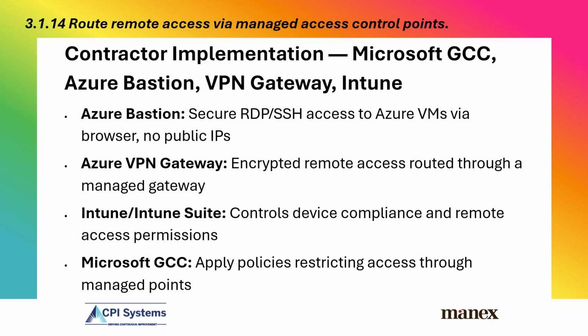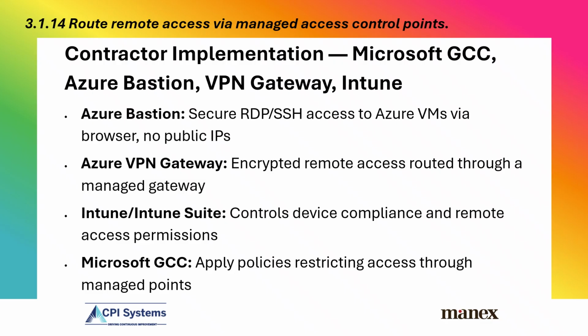In other words, no public internet protocols. Azure VPN, or Virtual Private Network, Gateway uses encrypted remote access routed through a managed gateway. Intune, or Intune Suite, controls device compliance and remote access permissions. And Microsoft GCC in general applies policies restricting access through managed points.